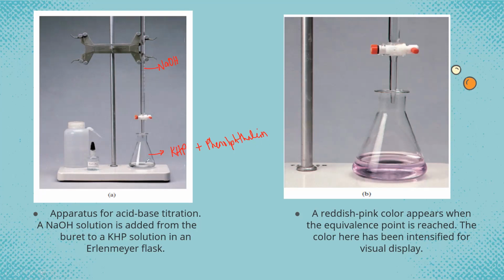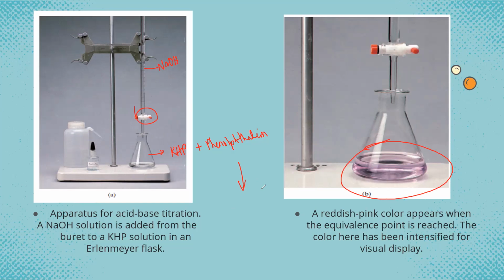So i-add yan siya hanggang mag-turn ng ganitong color yung solution sa Erlenmeyer flask. And we call it now the endpoint, meaning isa-stop na natin yung pag-add natin ng sodium hydroxide. So phenolphthalein is again color pink or reddish pink kapag ka nagiging basic na yung solution natin.